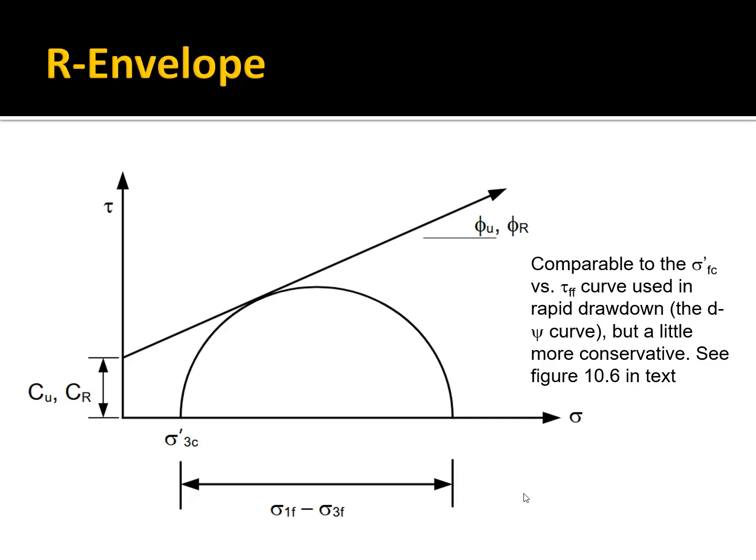And so again, the sigma prime FC is the effective normal stress on the failure plane at the end of consolidation. Tau FF is the resulting undrained shear strength, and so the R envelope is kind of a shortcut to get that. So that's why we do that. It allows you to do that multi-step analysis more simply and directly, just in a single step.